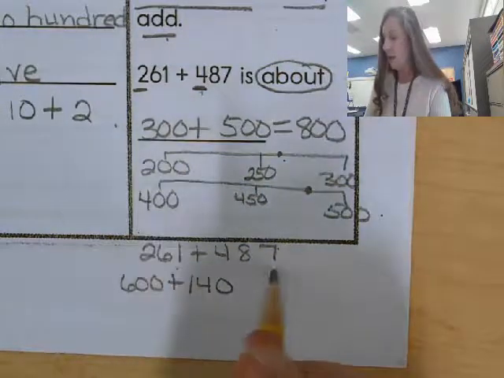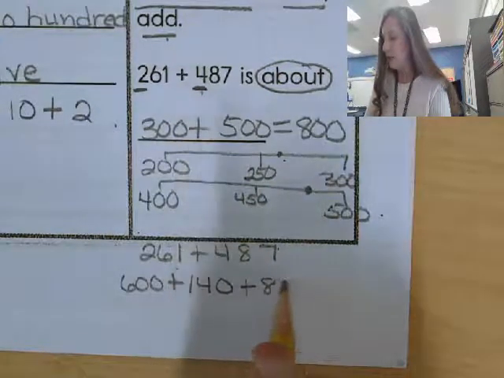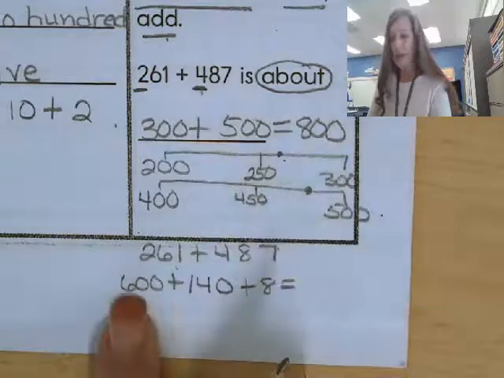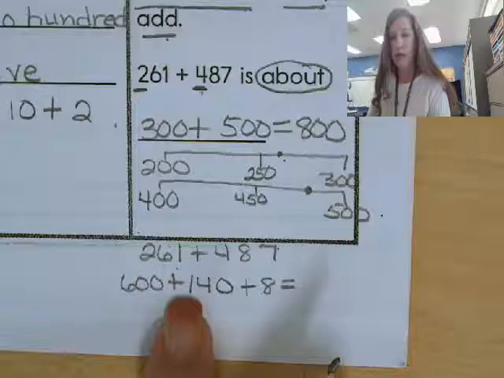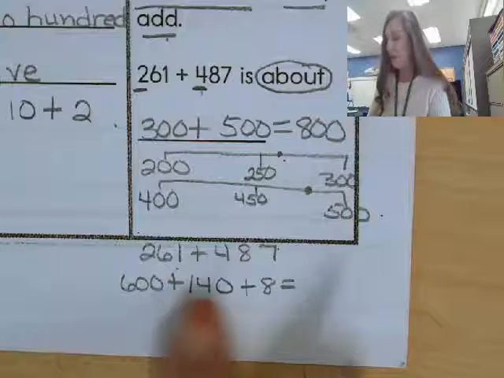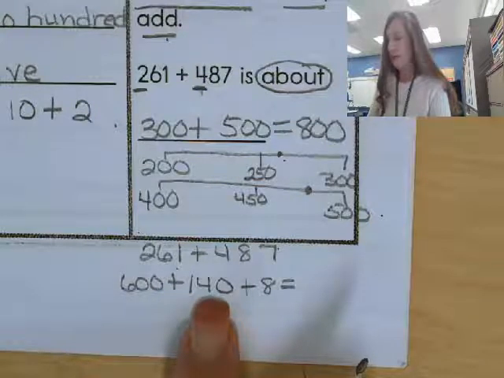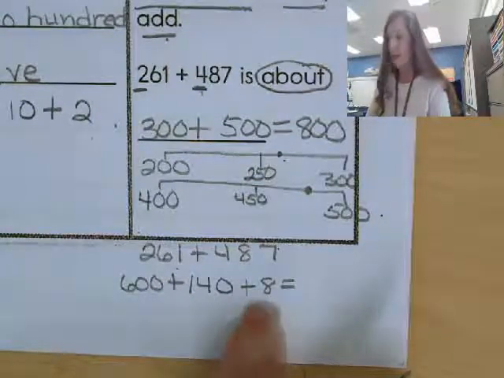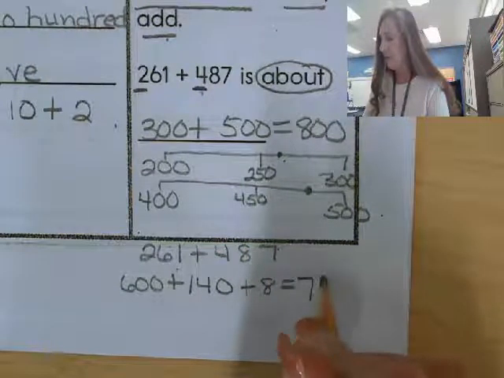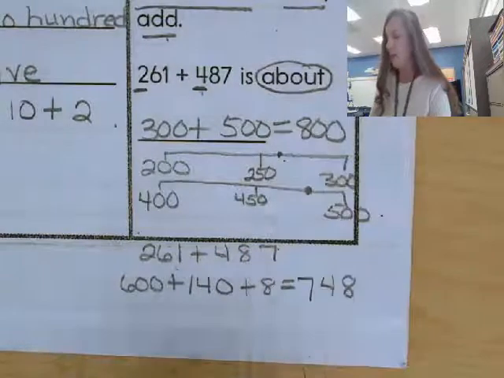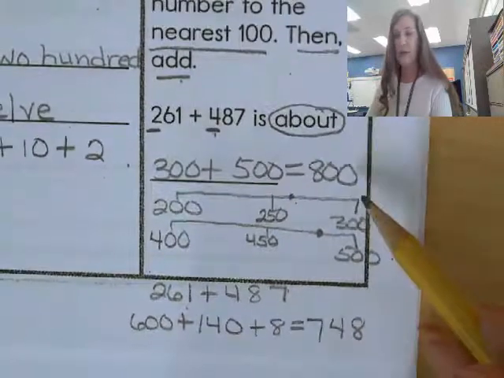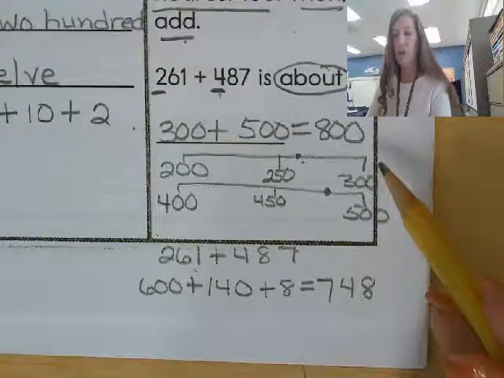And then I have my ones, which is 8, and when I add my 600 and one more 100 is 700. 740 plus 8 is 748. So, is 748 going to be close to 800?